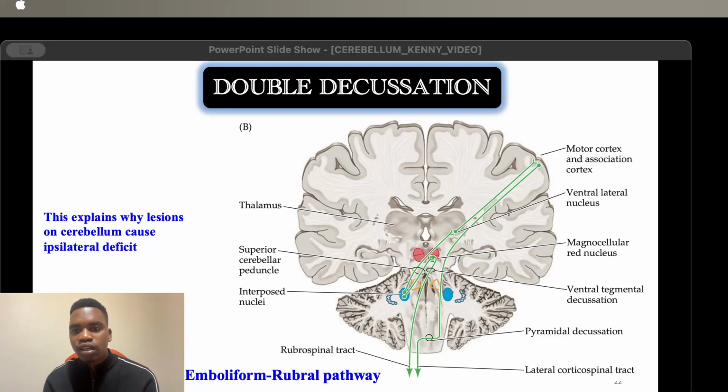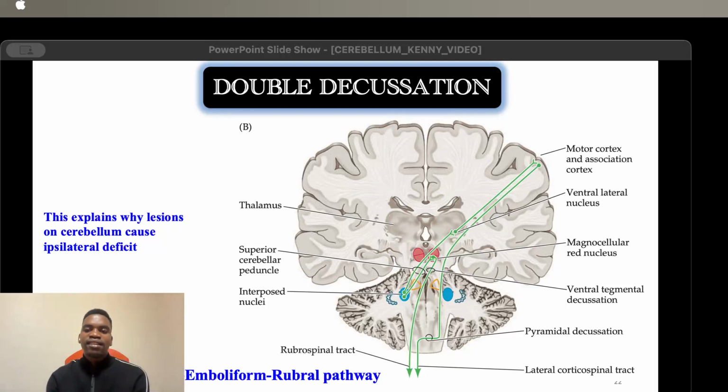Then the information will go down, but at the level of the pyramidal decussation, the fibers will cross back into the same side of the cerebellum. So this also explains the ipsilaterality of the cerebellum.